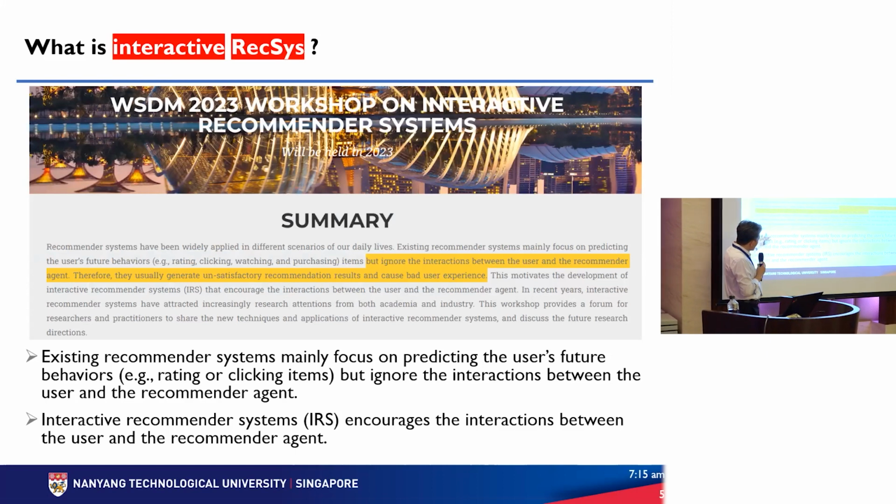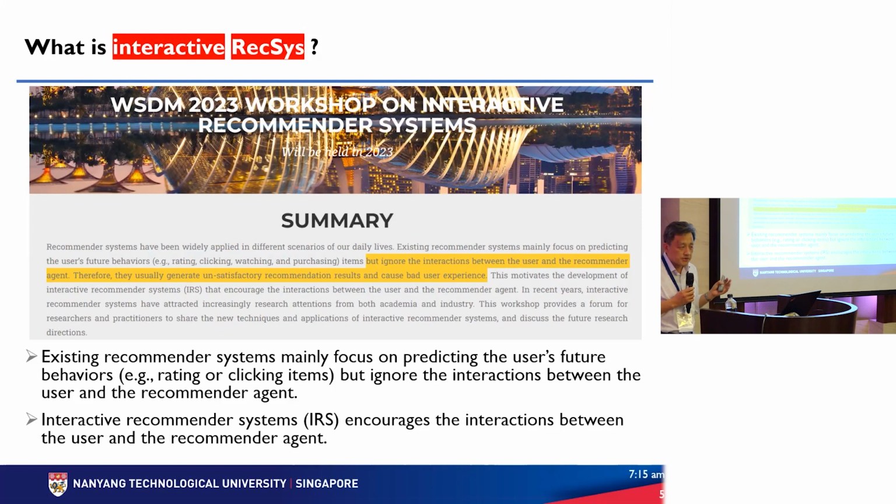It says that existing RecSys mainly focus on predicting users' future behaviors, like ratings and clicks, as I described earlier, but they ignore the interactions between the user and the recommender agent. There are certain kinds of interactions, like your mouse position or your browsing.